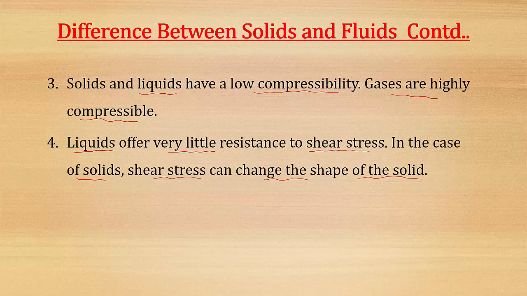So liquid offers very little opposition to the shearing stress. Means it will not oppose much for this shearing stress. But when it comes to solid, this shearing stress can change the shape of the solid. When it is acting tangentially, its shape can change in solid. Right? So these are some differences between solids and fluids.